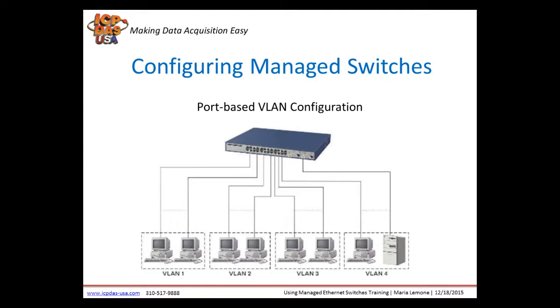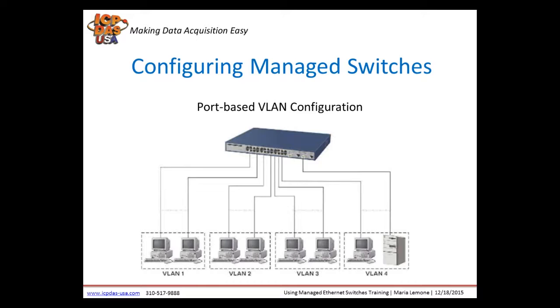There are many ways to configure managed switches. You can use Bonjour software to discover devices like printers and computers in your network, and you can use that to troubleshoot communication problems. As we discussed earlier with the VLANs, you can also use that to see how traffic is controlled.